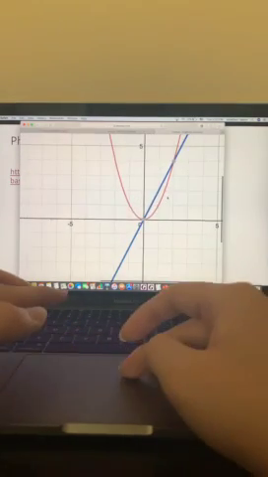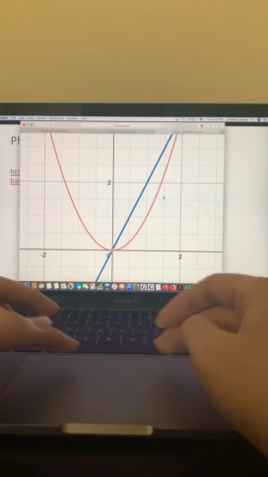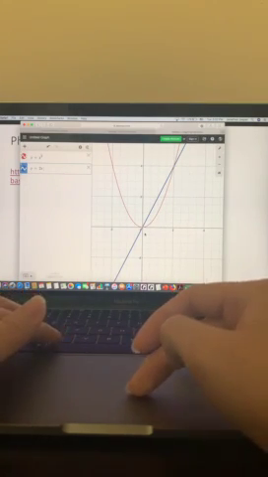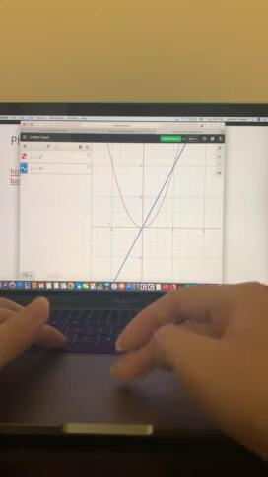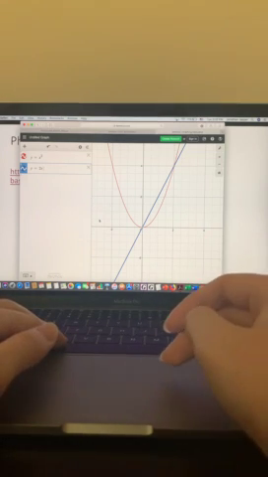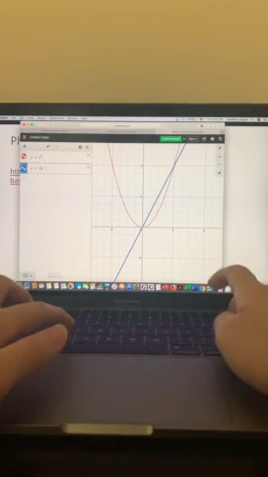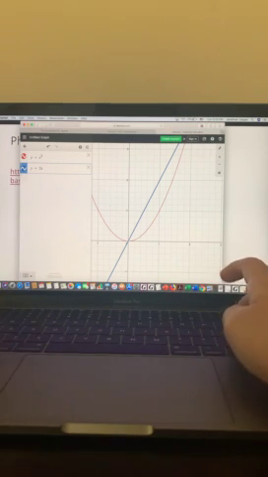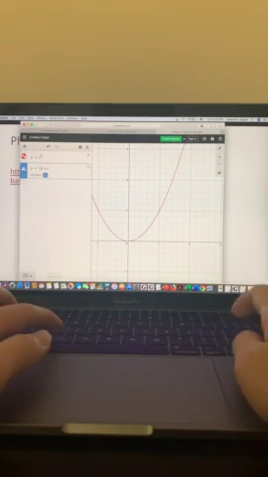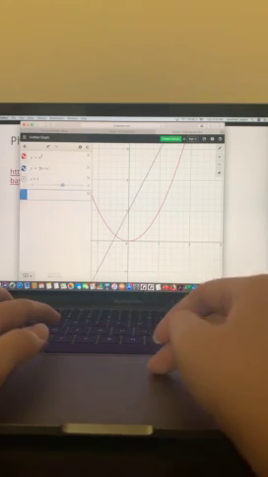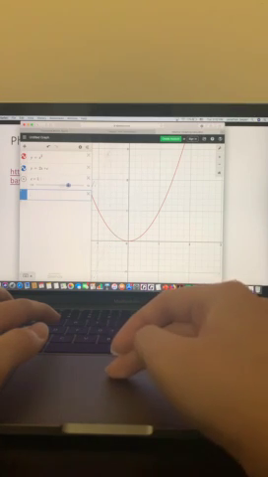It shouldn't be like this, I believe, because the derivative should be 2x. And let's just see.